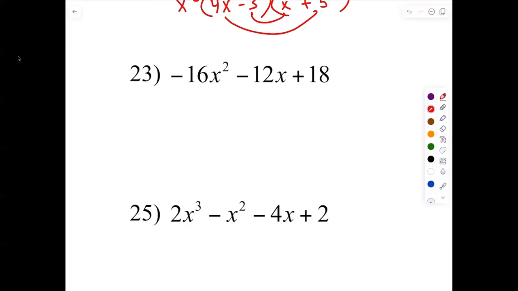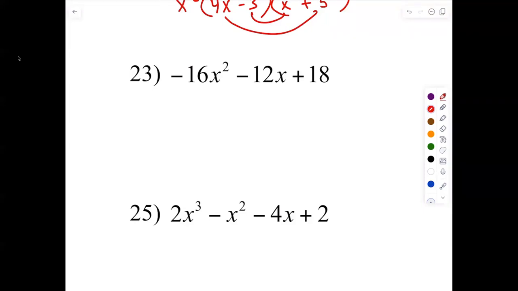Some of you are saying 18. Some of you are saying -1. Come on, you have to be able to look at 16, 12, and 18 and say, what's the common factor? I don't find it funny. And some of you are haphazardly throwing out numbers as if I'm supposed to be impressed.